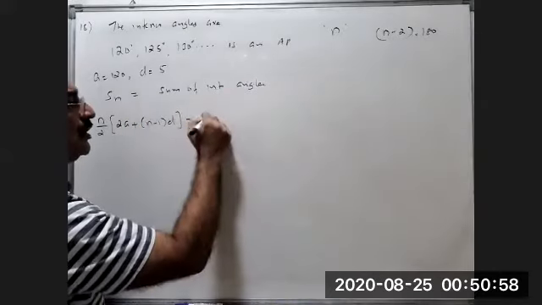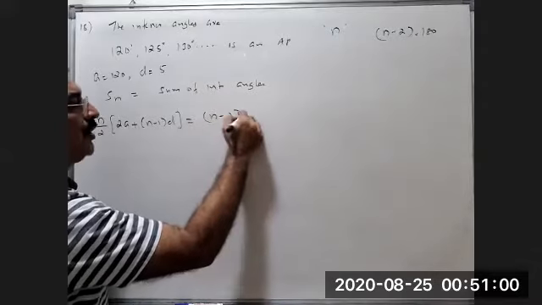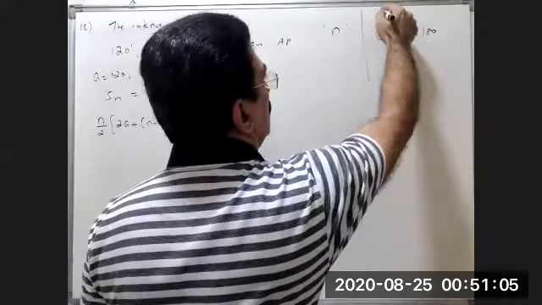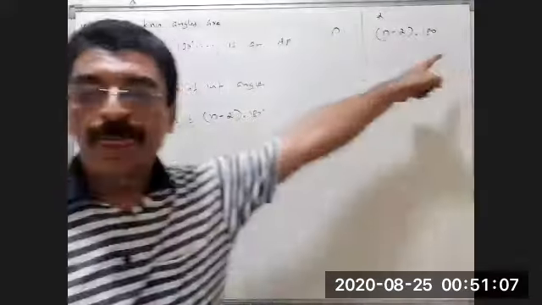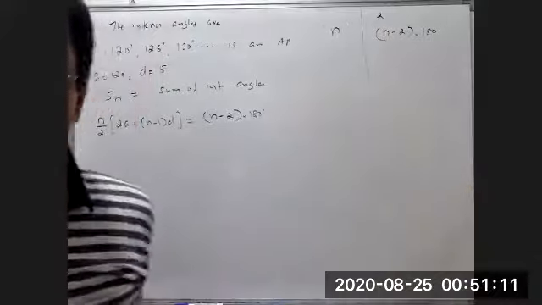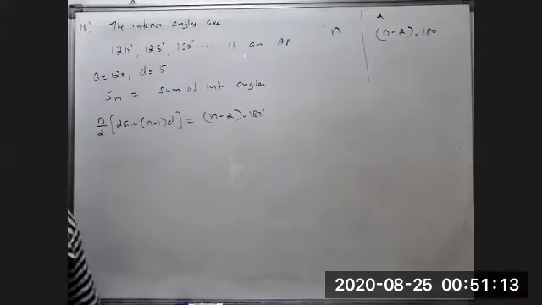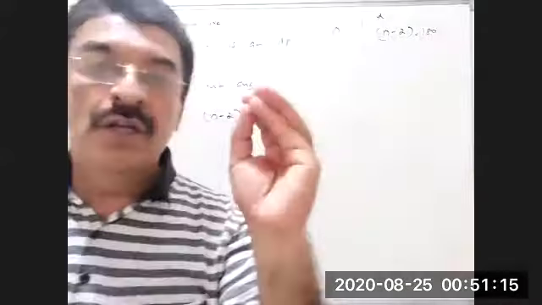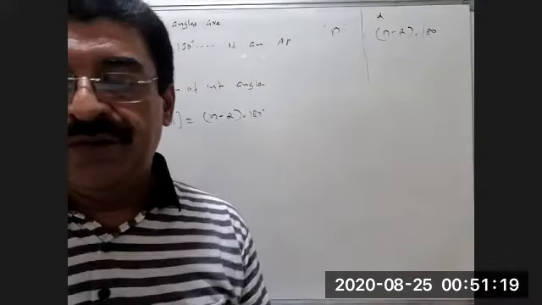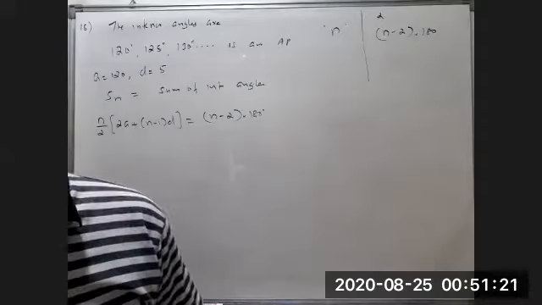Sum of interior angles is n minus 2 into 180 degrees. Write this inside as a note. Sum of interior angles of a polygon is n minus 2 into 180. When we say polygon, they are all convex polygons only. We consider only convex polygons.